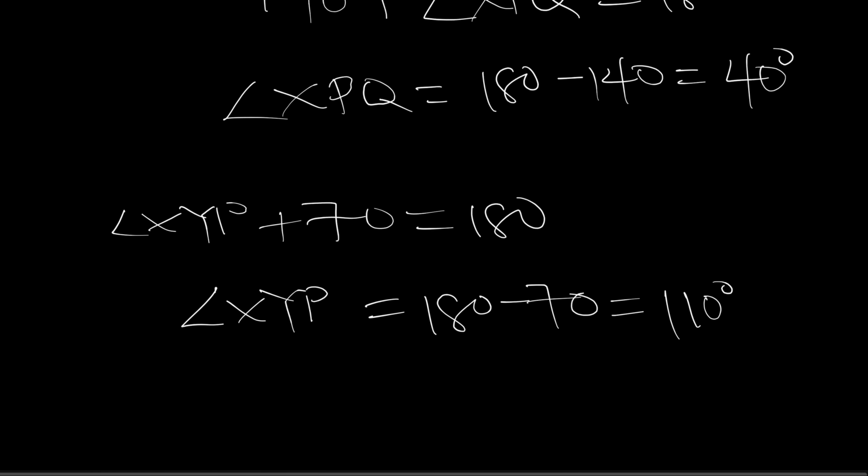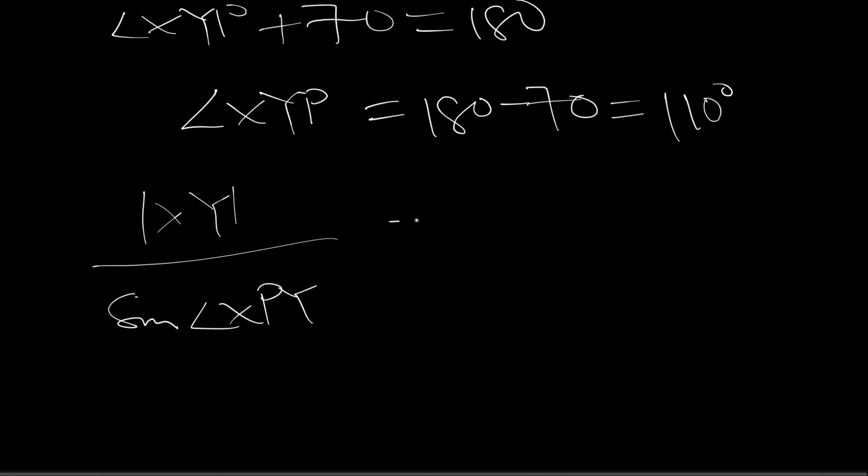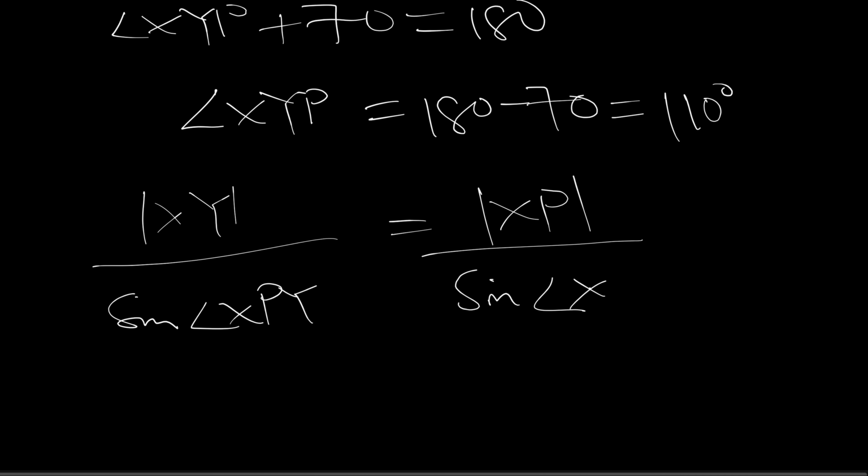Now using the sine rule, we can say that the length of XY divided by the sine of angle XPY should be equal to the length of XP divided by sine of angle XYP.